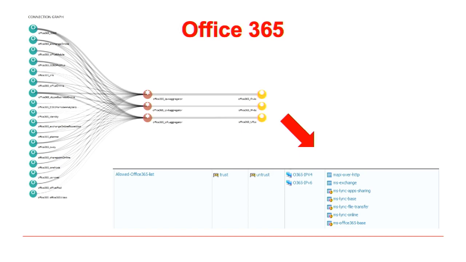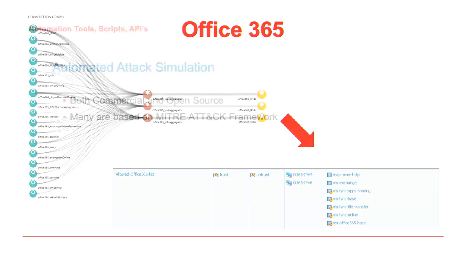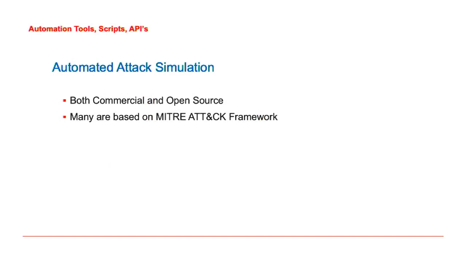Well, there's a published list, and you can take that list and run it through MindMeld and have it give you all the IPv4 IPs, IPv6 IPs, and all the URLs associated with Office, and then you could build an allow rule that would only allow certain things over to Office 365. So that's kind of cool.